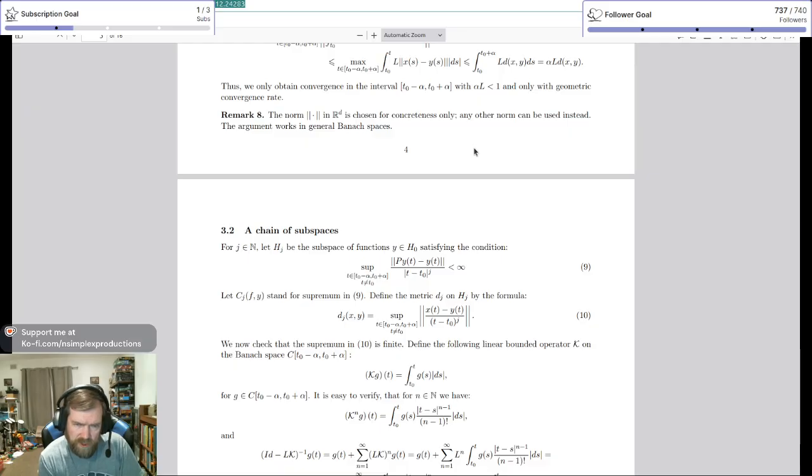3-2, a chain of subspaces. For j in the naturals, let H sub j be the subspace of functions y in H sub 0 satisfying that the supremum on the interval t0 minus alpha to t0 plus alpha of the distance between P y of t and y of t, divided by the absolute value of t minus t0 to the j, is less than infinity.